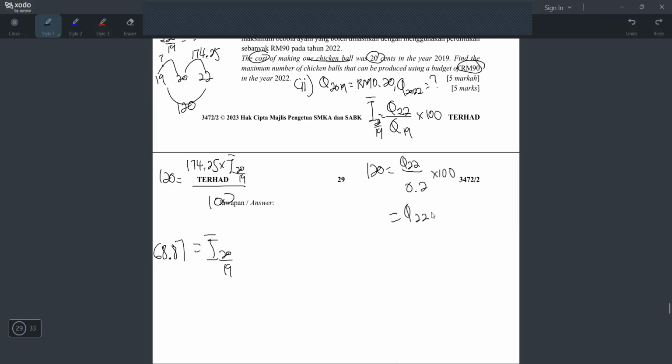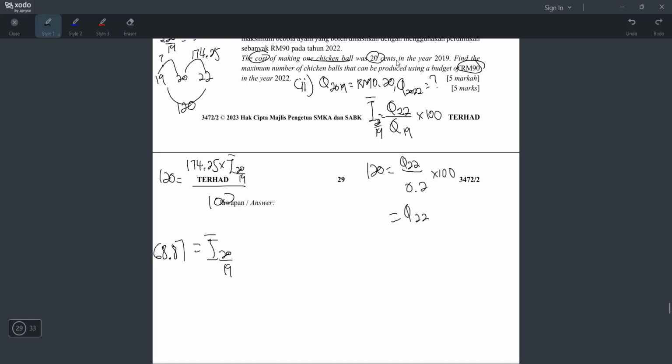Okay, now let's calculate Q2022 first, right? But this is not the answer yet. Wait, we press first. Okay, the calculator gives me 0.24. Okay, 0.24. But let's see. Wait, how? The cost of making one chicken ball was 20 cents in the year.